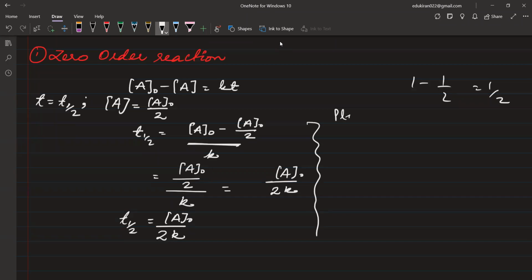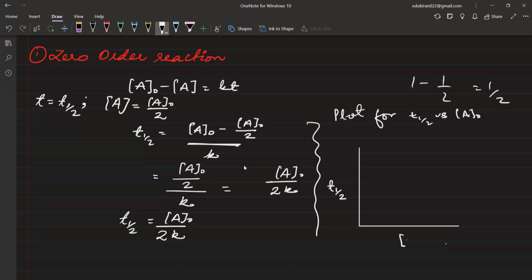Also write the plot for T half versus A naught. As you can see, a y is equal to mx kind of graph is here. We don't have any constant, that is c, right? We don't have the plus c part here. So we have T half in the y-axis and the initial concentration of A on the x-axis.